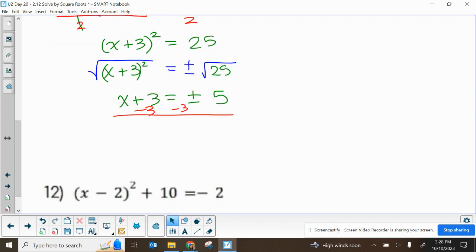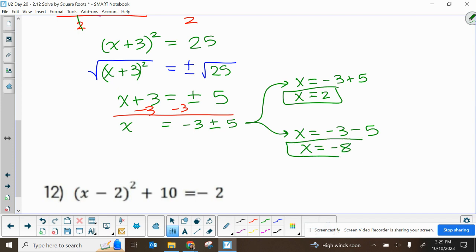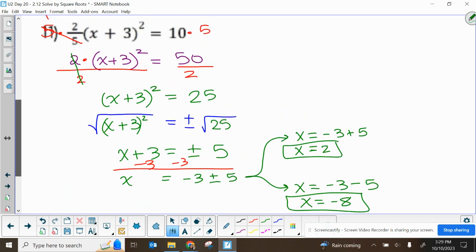So I have x equals negative 3 plus or minus 5. So this means x could equal negative 3 plus 5, or x could equal negative 3 minus 5. So negative 3 plus 5 is 2, and negative 3 minus 5 is negative 8. So again, I got 2 answers for this one.